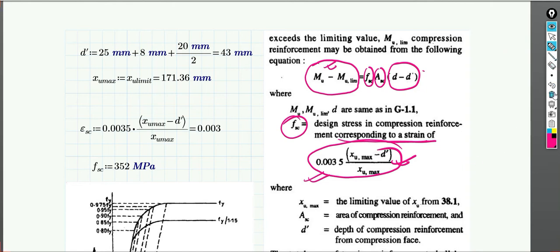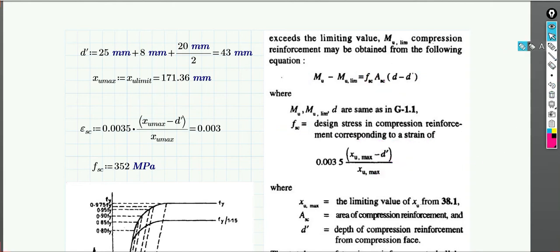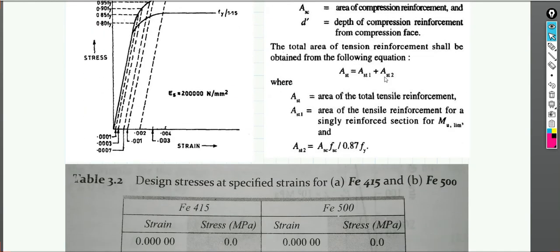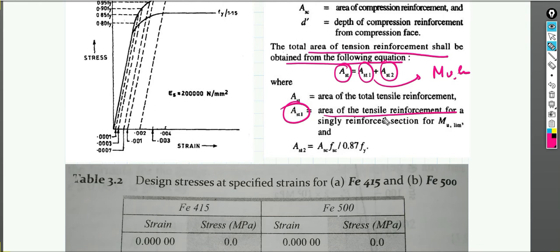Then the other thing: the total area of tension reinforcement shall be obtained from the following equation: AST is equal to AST1 plus AST2. What is AST1? AST1 is corresponding to Mu limit. Here it is written: AST1 is the area of the tensile reinforcement for a singly reinforced section for Mu limit. In the figure also we have discussed.